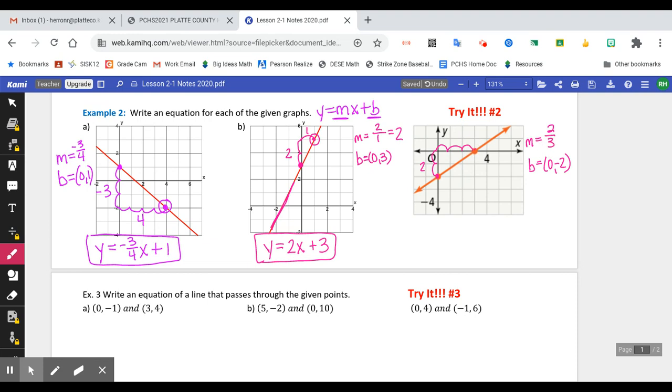Can't simplify, so that's my slope. Let's fill it in. Y equals m, 2/3, x, and I'm going to put, sorry, this is a negative this time, so -2. You could put plus -2, and it's the same thing. You just won't ever see it like that.